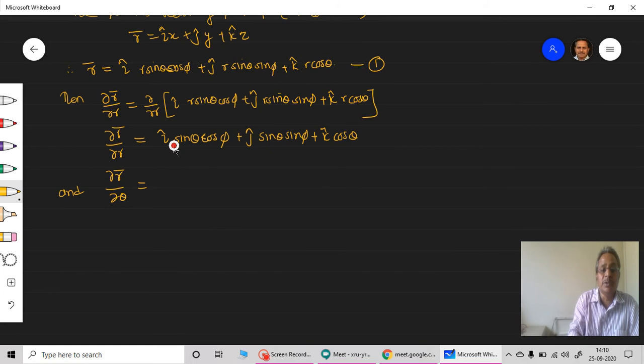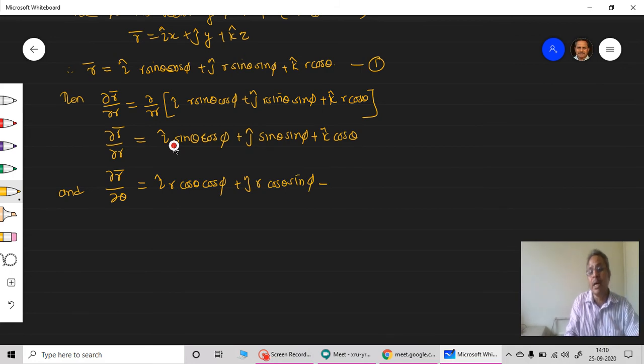Differentiation of this gives me i cap into r as it is into cos theta cos phi, plus j cap into r as it is into cos theta sin phi, and the last term is minus, because the differential of cos theta is minus sin theta, so it is k cap into r times sin theta.